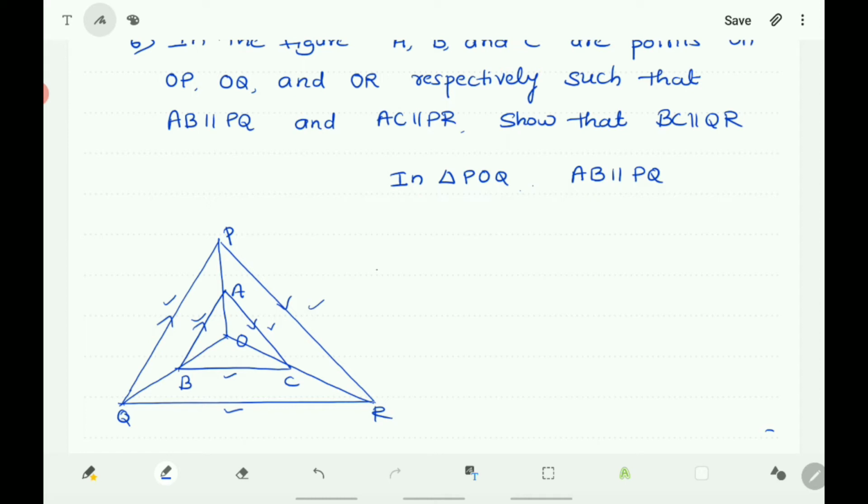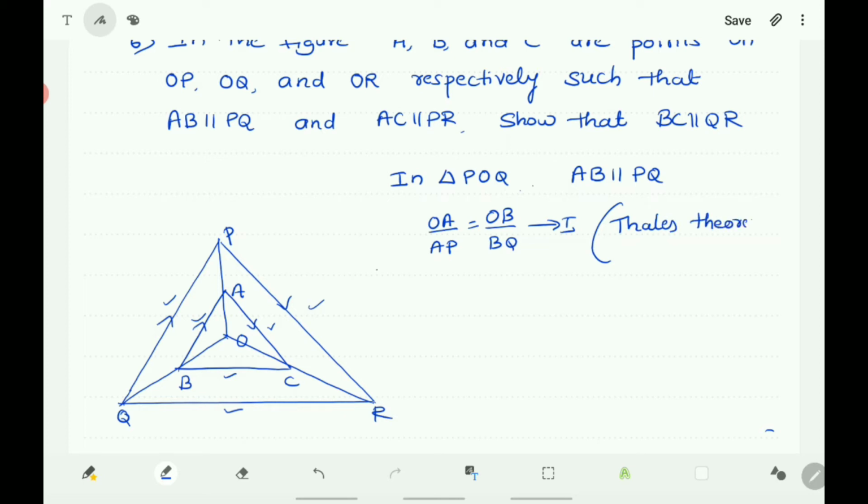Therefore, with the help of the Thales theorem, you can write that AB divides OP and OQ in the same ratio. The ratio OA by AP is equal to OB by BQ. Now consider this as first. The reason is the Thales theorem here.